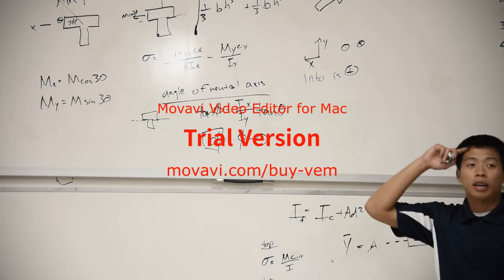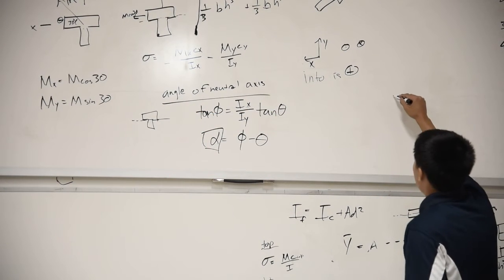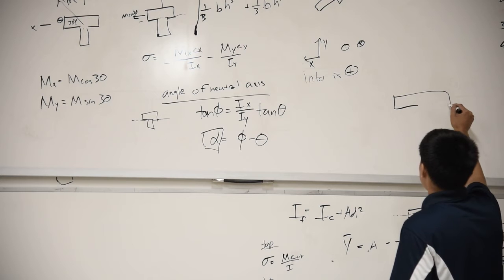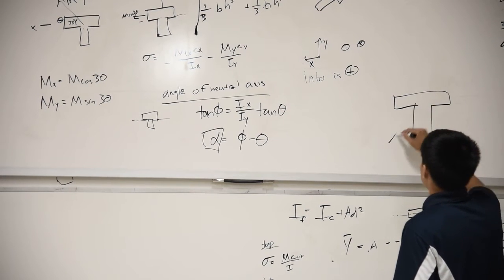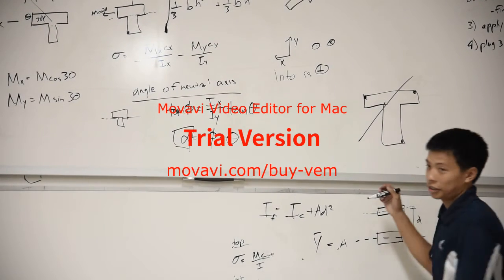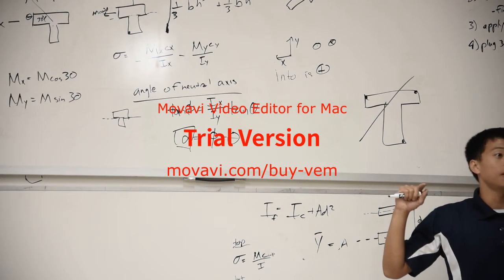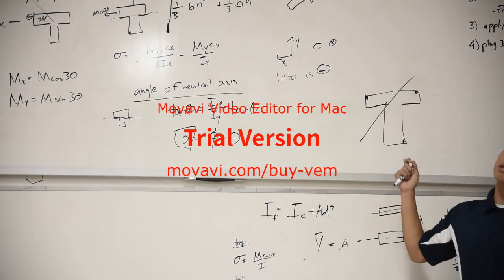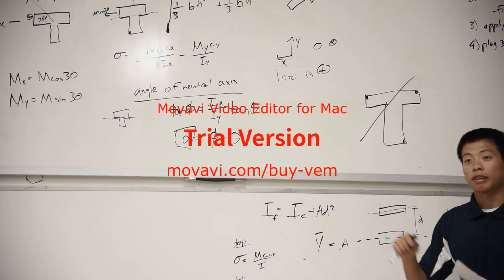Okay. Oh, one thing. I sent an email out. If you know the neutral axis is like this, right? And you have the choice between this point, and this point. Okay? And they ask you to find which point has the maximum stress. Okay? There are a couple ways to do this.